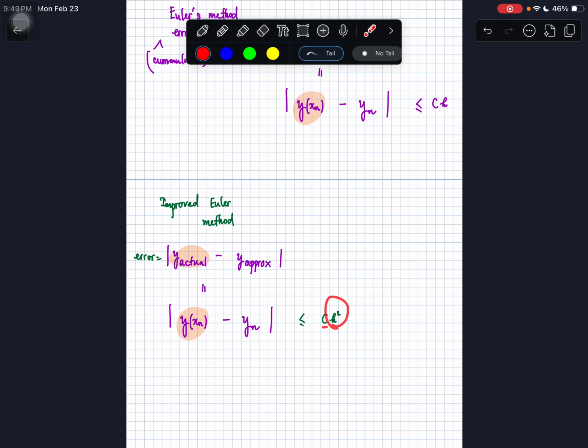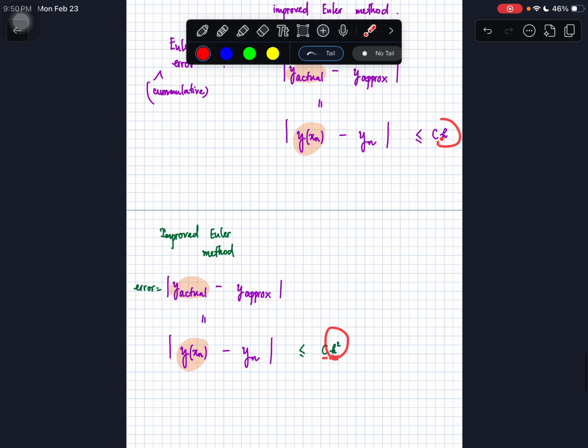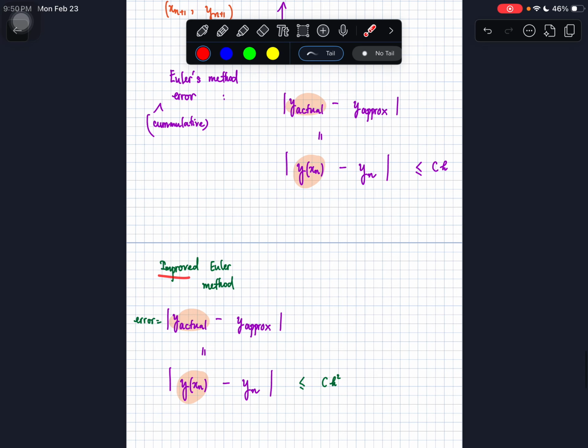When the step size h is small enough, this h squared will be much smaller than h. So that's why the improved Euler methods is actually an improved version of the Euler methods. The errors are much smaller.